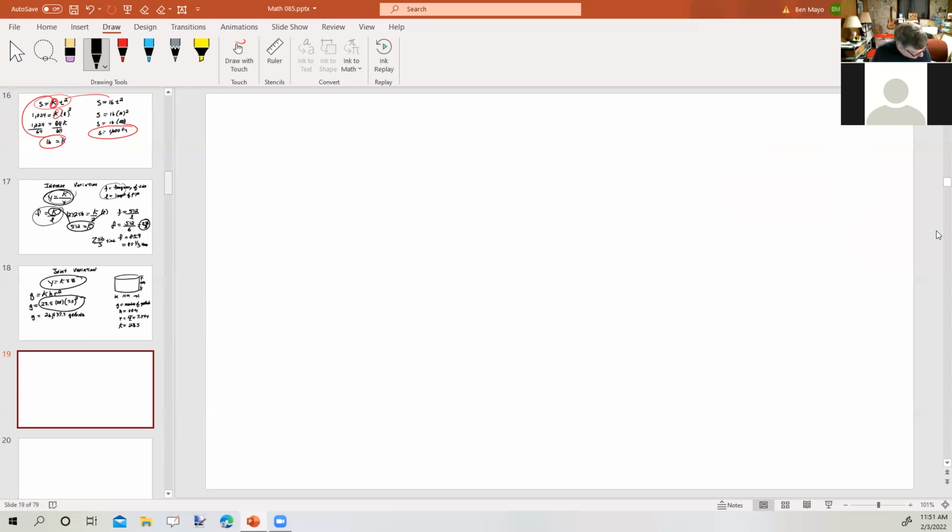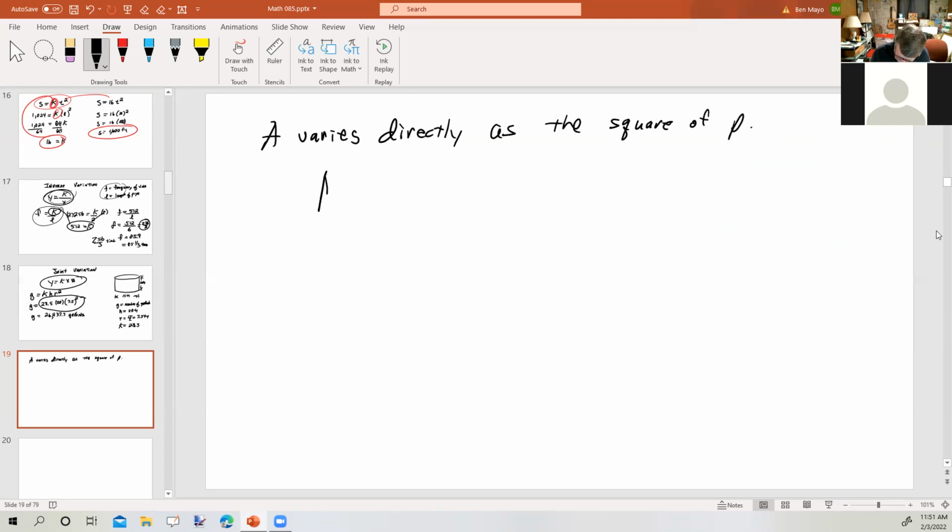So this first one says A varies directly as the square of P. So A equals K P squared. Any questions on that translation? All right.